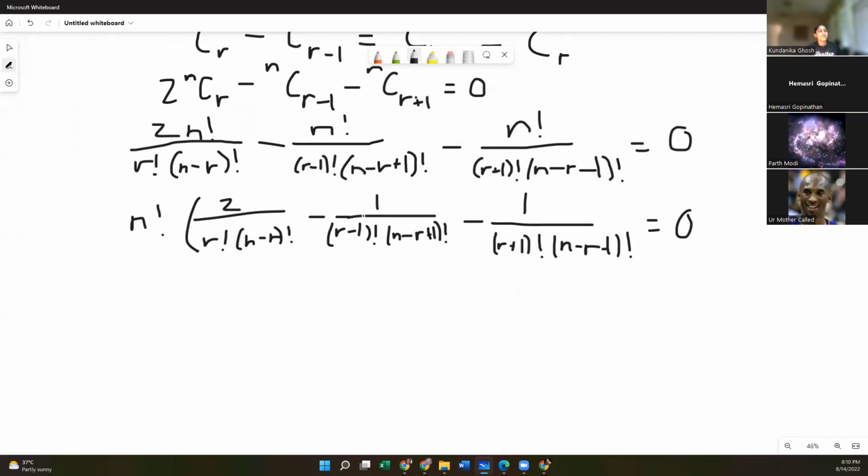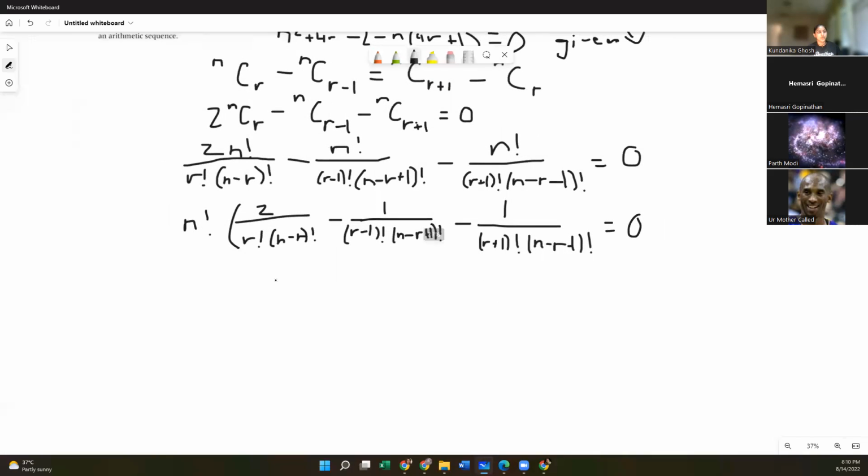Sorry, that should be 1, not n factorial. Now we want to divide both sides by n factorial to get rid of that. So 0 divided by n factorial is just going to be 0.